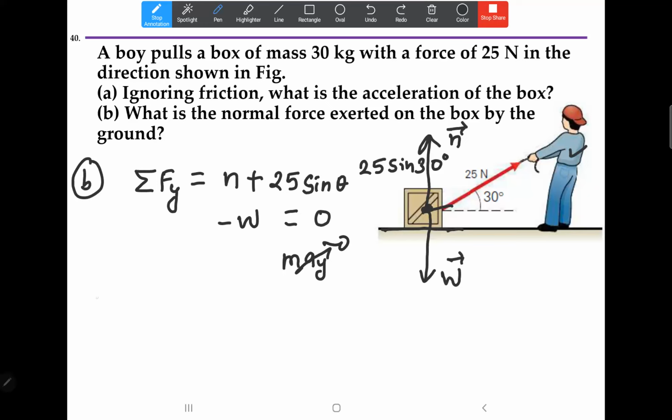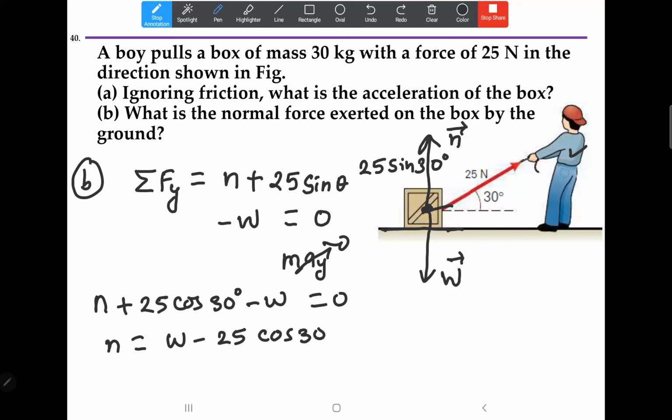So I can rewrite it as N plus 25 sin 30 degrees minus W is equal to 0. I have to find N, so N is equal to W minus 25 sin 30 degrees. What is W? W is weight, given by mass multiplied by gravity.